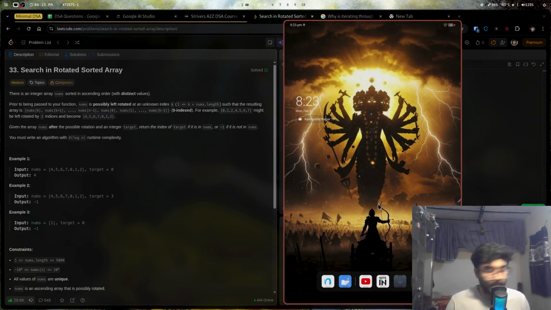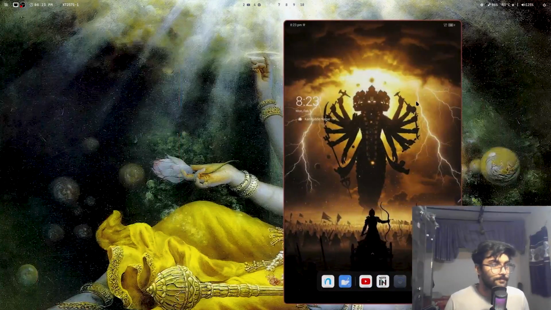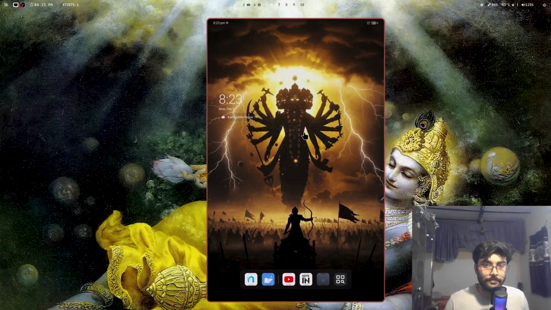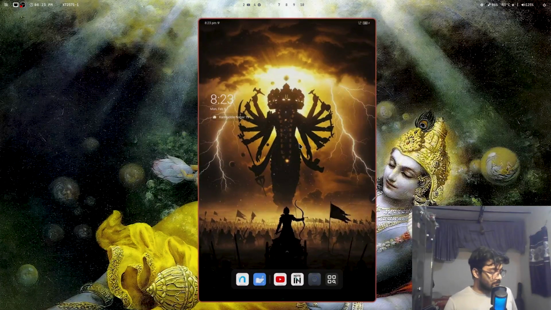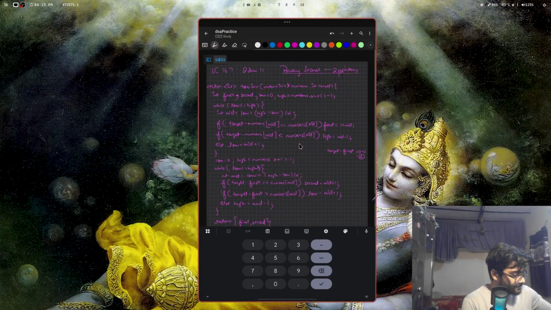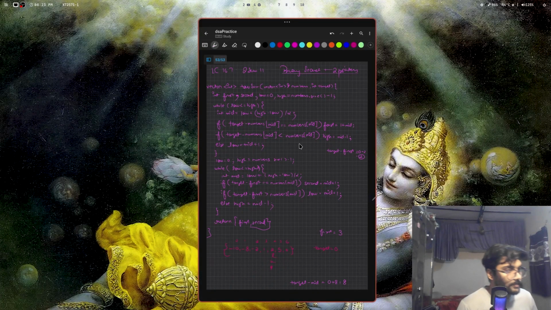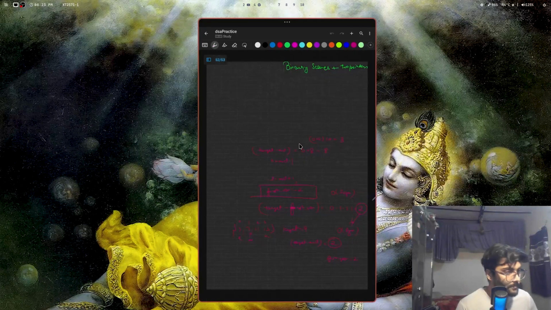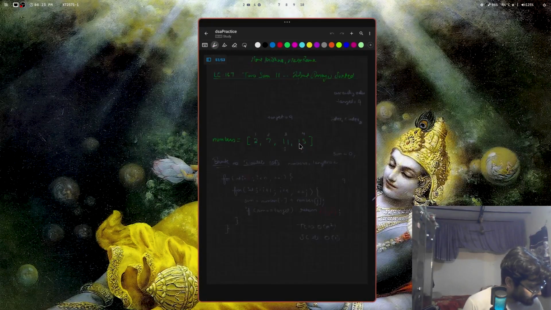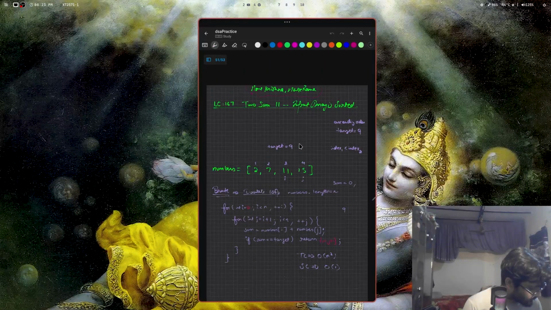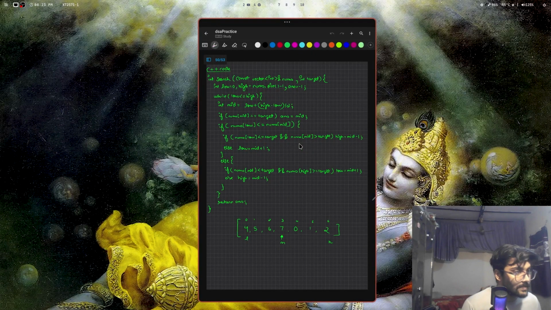I think it should go to page 4 only. Right, so let's open the pad again. This was the binary search code that I tried. Oh, there's the code that I have already written for this.